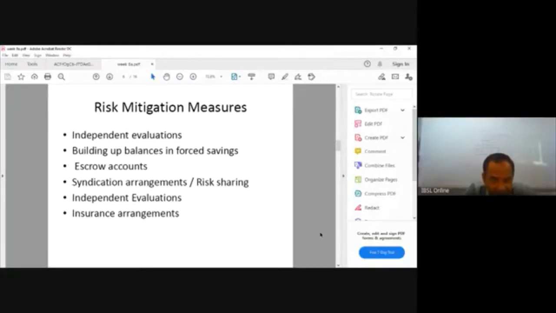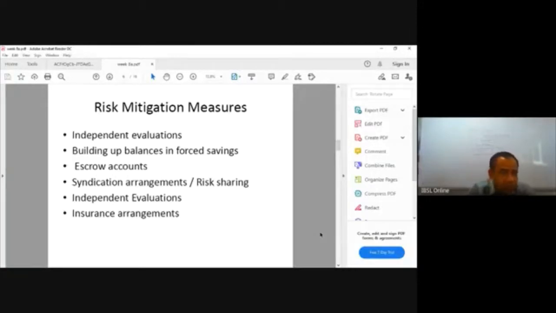Having a forced savings by the customer from the monthly turnover, maintaining escrow accounts for project finance management, syndication arrangements. How do you share the risk by way of syndication arrangements, and different insurance arrangements. All these we have looked at.